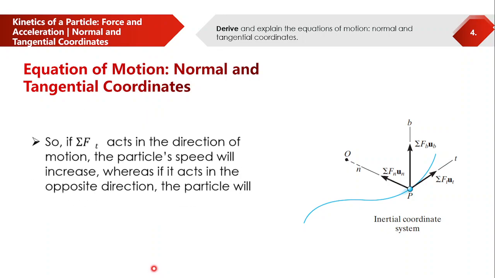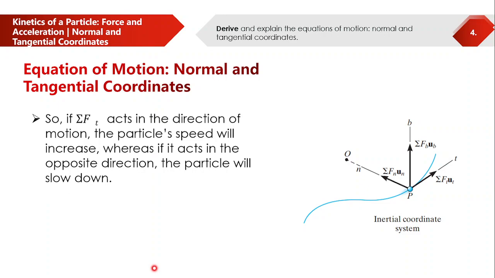Before we talk about the normal component, if all forces along the tangential direction act in the direction of motion, the particle's speed will increase. Whereas if they act in the opposite direction, the particle will slow down. So it's the same concept as in the previous lessons.